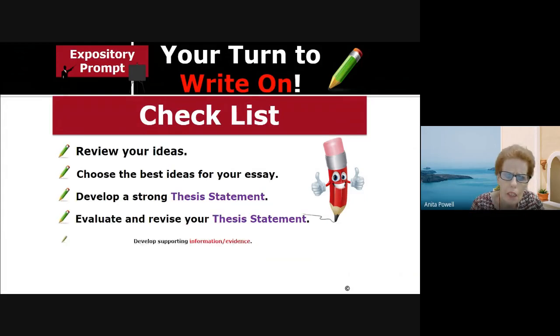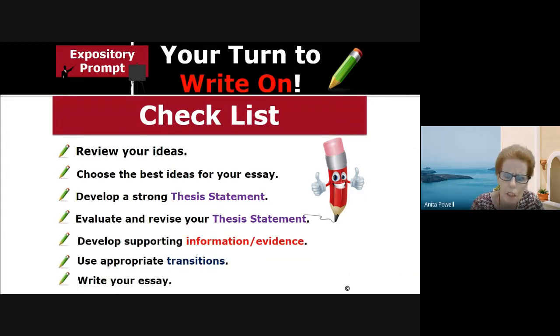We review the ideas, we choose the best ideas for the essay, we develop a strong thesis statement, we evaluate and revise our thesis statement, we develop supporting information, evidence, we use appropriate transitions, then we're ready to write that essay.